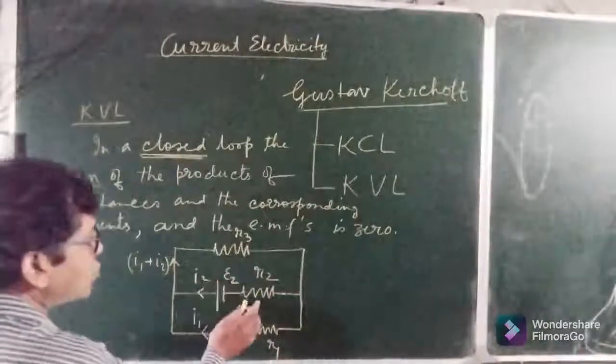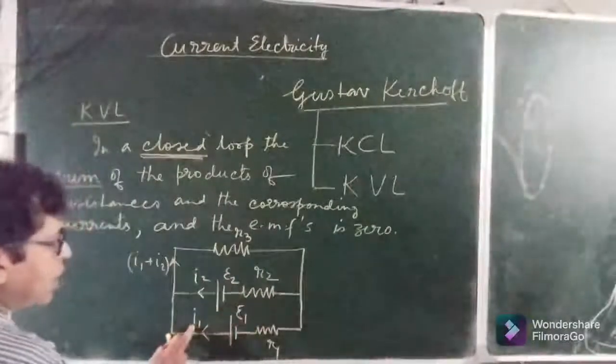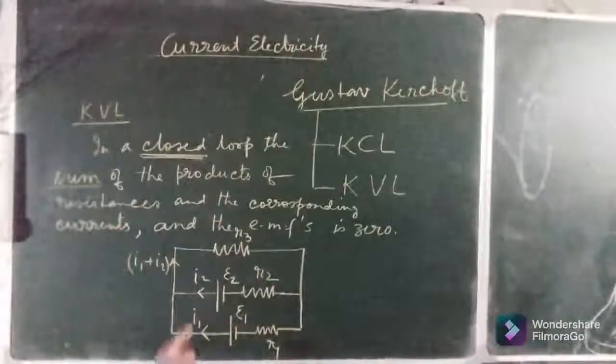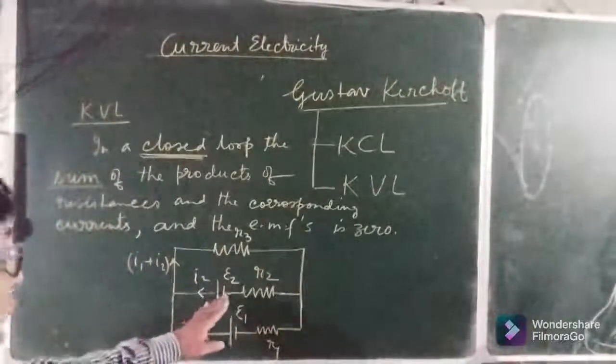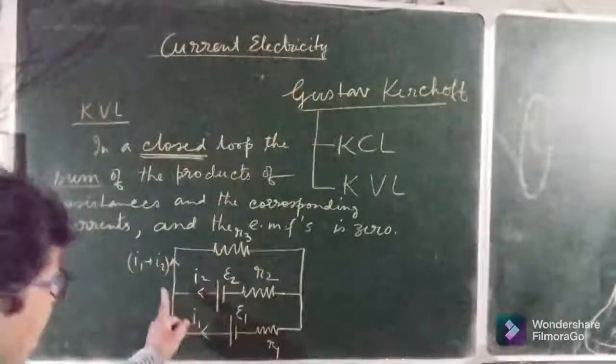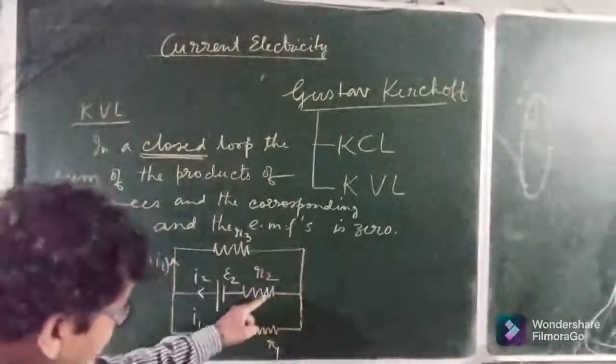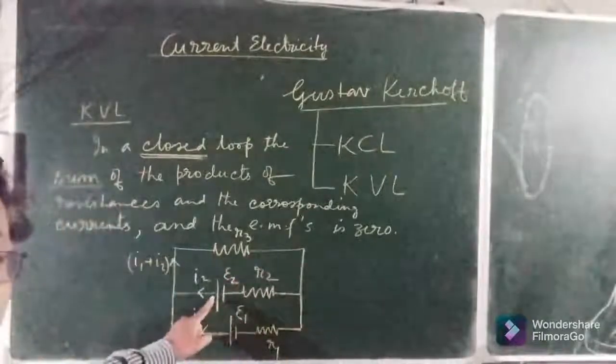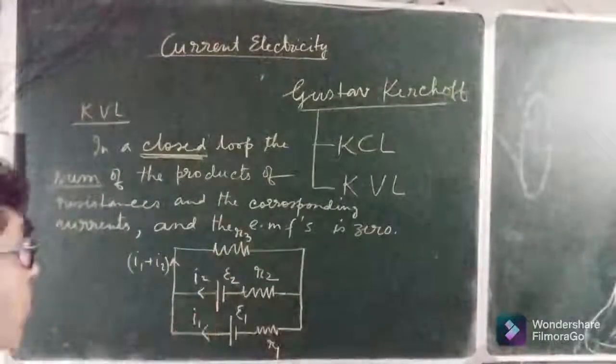This current flows through the resistance of R2. This current flows through the resistance of R1. Mind it, the current which flows out of a source must join that very source at a time.